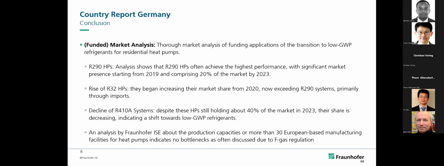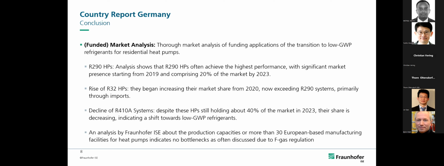And the funding market analysis, we think this is a very important analysis because it gives you insights into this development, and we hope that these data can contribute to ensuring what should be deployed for refrigerants in the future.